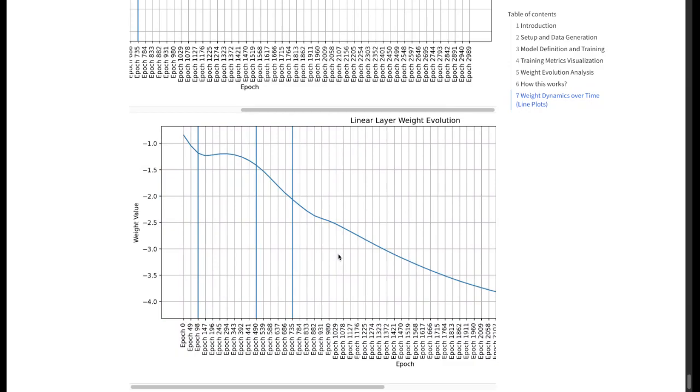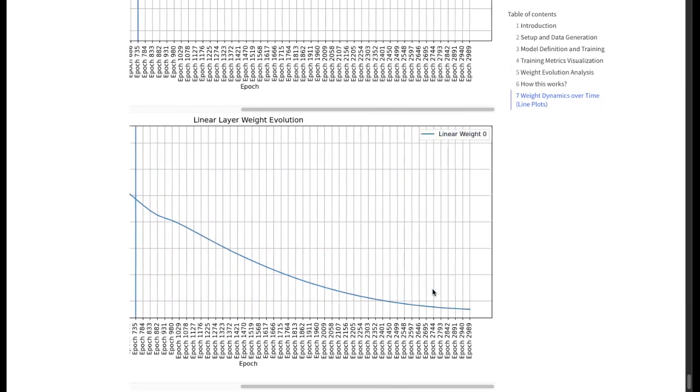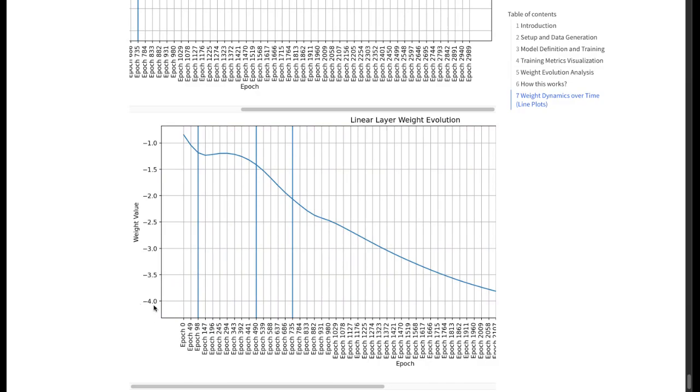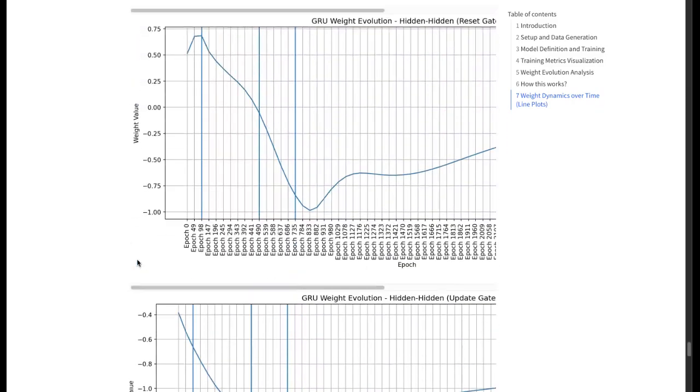The linear layer is really nice because it really follows a lot the training and validation loss, and it goes up to minus 0.4. And this makes a lot of sense.